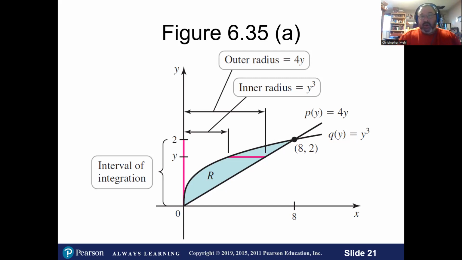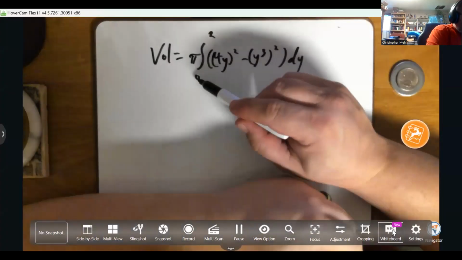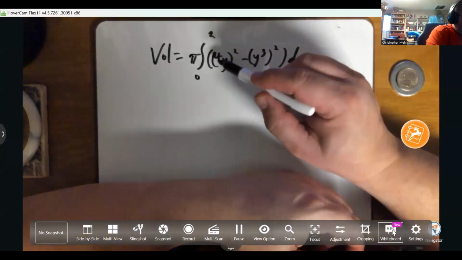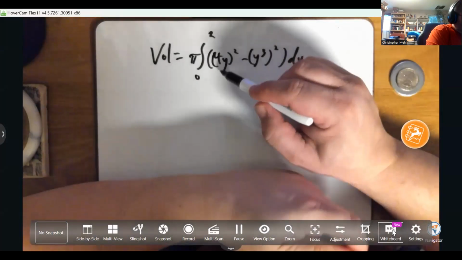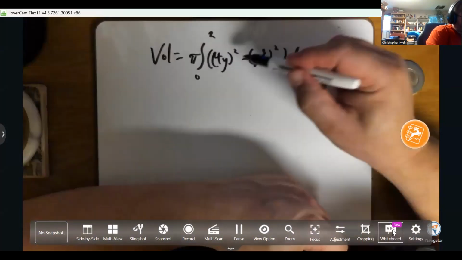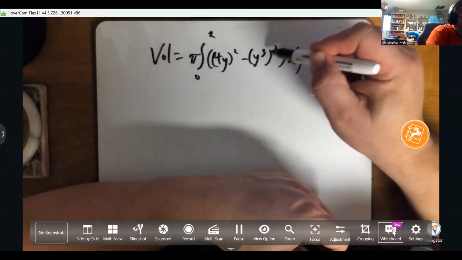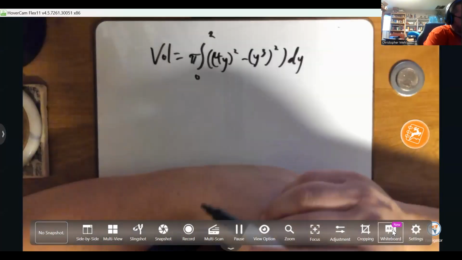And so we're going to integrate that like so. From 0 to 2, pi times the outer radius 4y, quantity squared, minus the inner radius y cubed, quantity squared, dy.